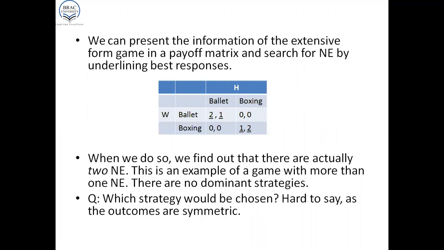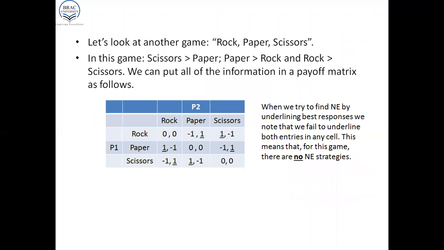It is actually hard to say because the outcomes are quite symmetric. It is difficult to say right now which of the 2 strategies, ballet or boxing, would be chosen.